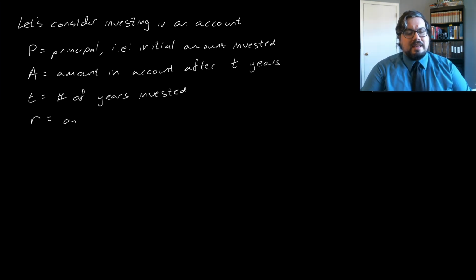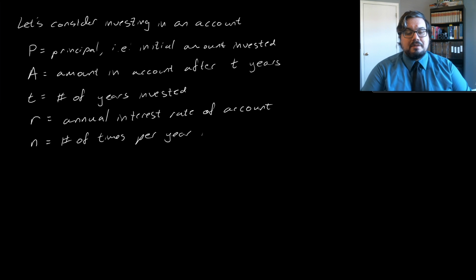R is the annual interest rate of the account, and N is the number of times per year the interest is compounded.